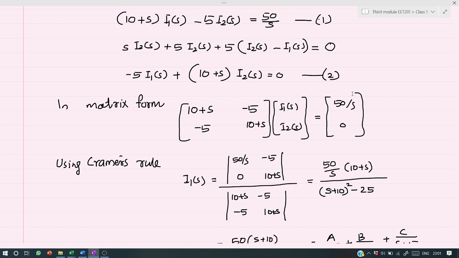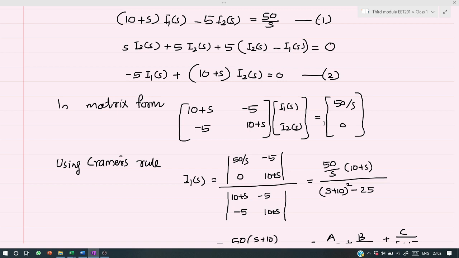Now, by utilizing Cramer's rule, we can solve for I1 of S and I2 of S. After getting them, we can take the Laplace inverse of I1 of S and I2 of S in order to find I1 of t and I2 of t.